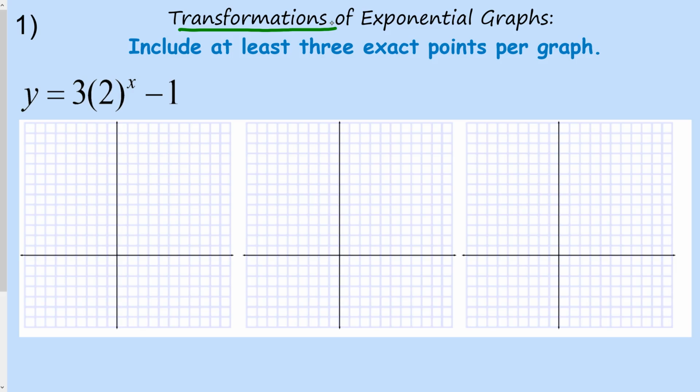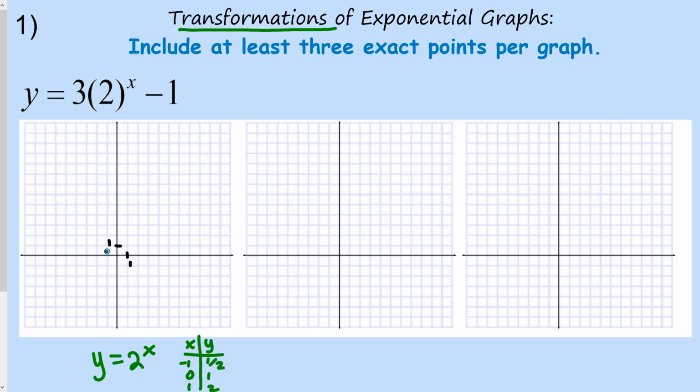And what I'm going to do is start with the parent function, which is y equals 2 to the x. It says include at least 3 exact points. So how about if I use, let's see, (-1, 1/2), (0, 1), and (1, 2). And for a scale, I'll just go by ones, even though it's going to be kind of squished together there a little bit.